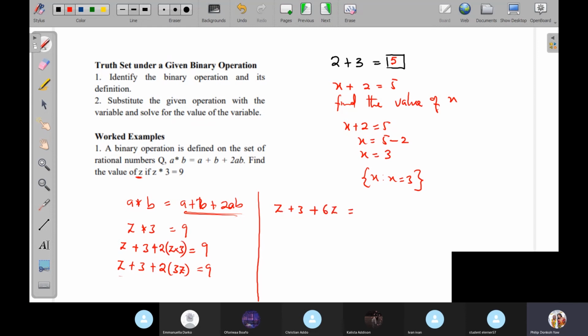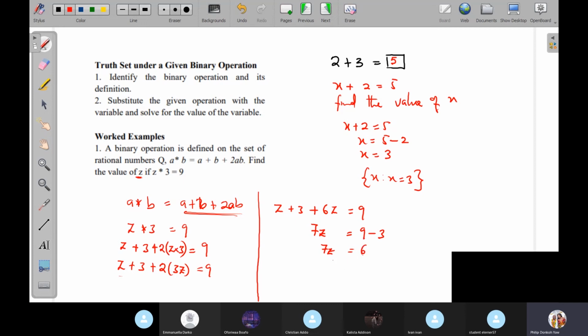equal to 9. Now they are like terms. What are the like terms you can see on the left-hand side? 6Z and Z. And that is giving us an answer of what? 7Z. And this must be equal to 9 minus 3. So we have 7Z is equal to 9 minus 3, which gives us 6.